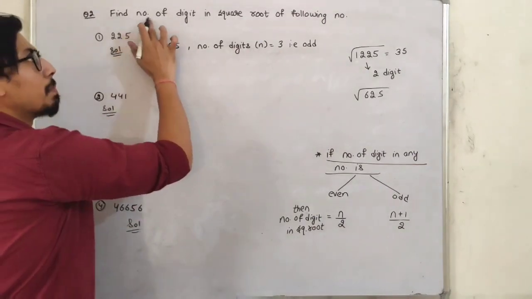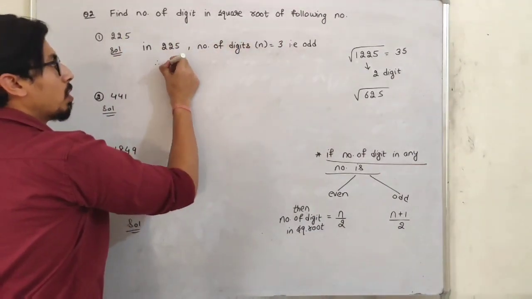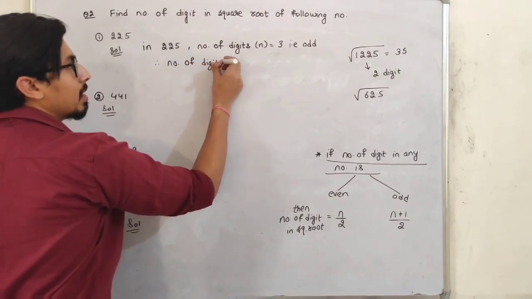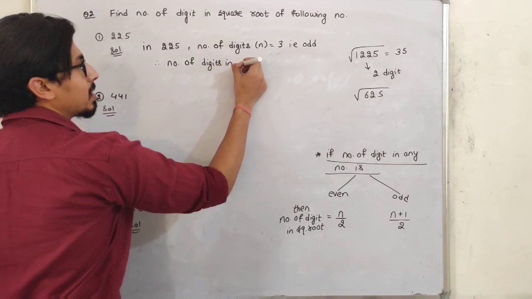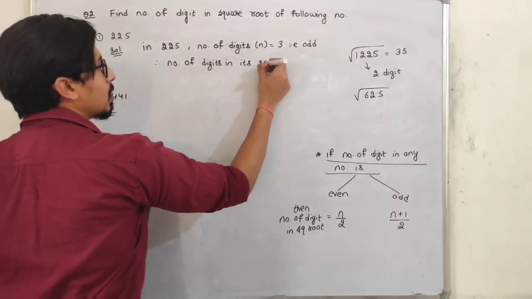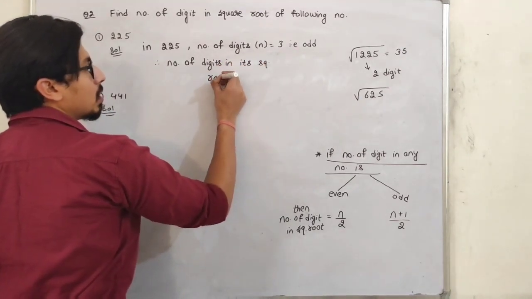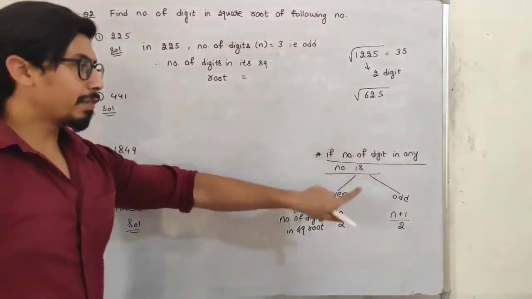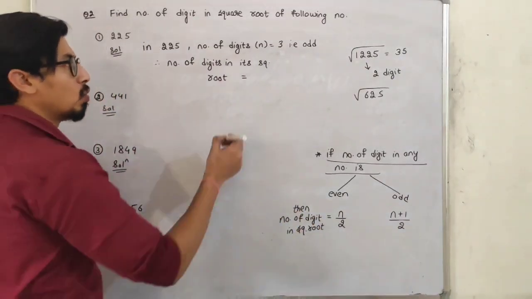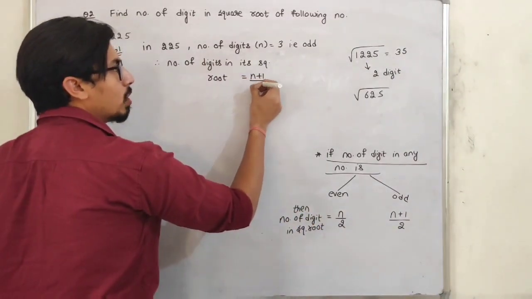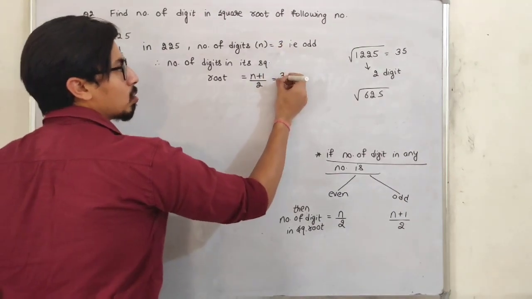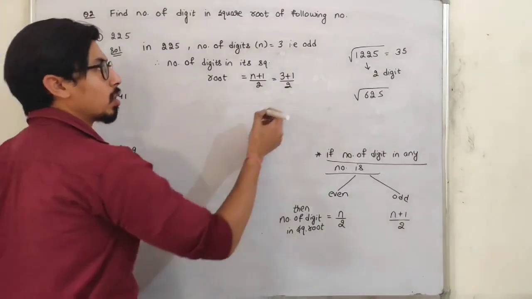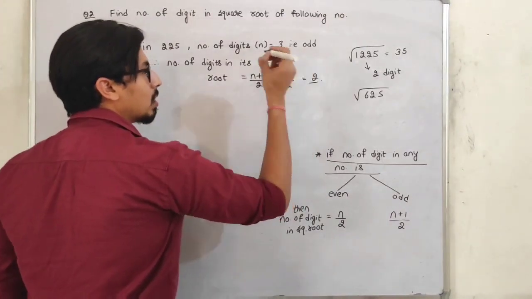Therefore, we have to find out the number of digits in its square root. Since n is odd, we have the formula n plus 1 divided by 2, where the value of n is 3. So 3 plus 1 divided by 2. 3 plus 1 is 4, 4 by 2 is 2. So the answer is 2.